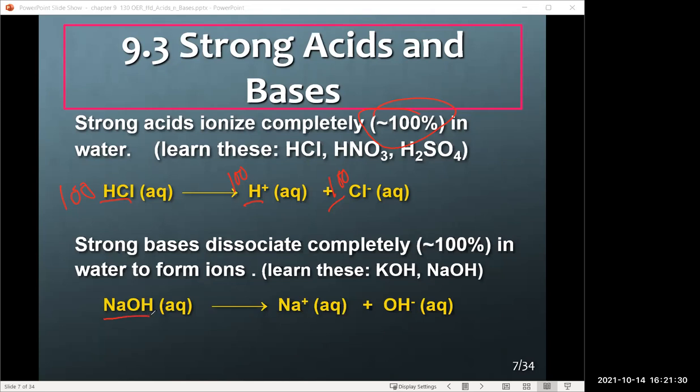The same is true for a strong base. Sodium hydroxide, we're going to learn with solubility rules, the fact that you see sodium tells you that it is soluble. Because it's classified as soluble, it will dissociate roughly 100%.